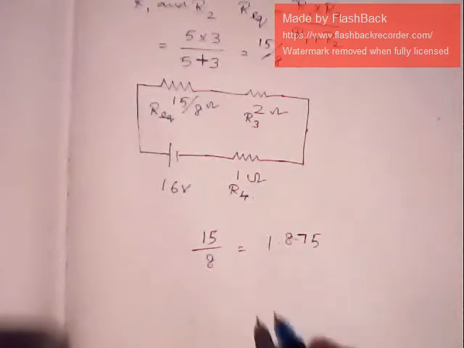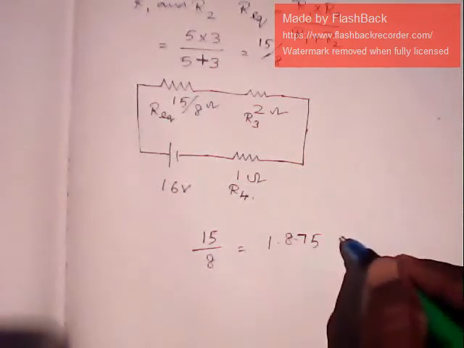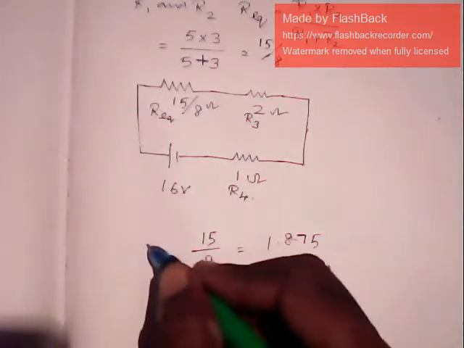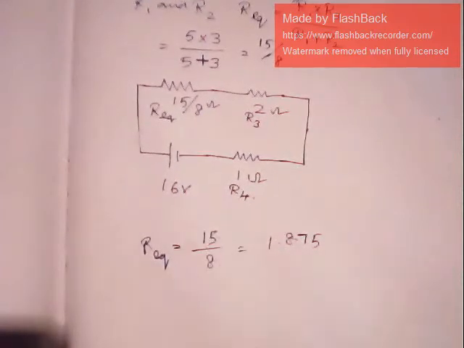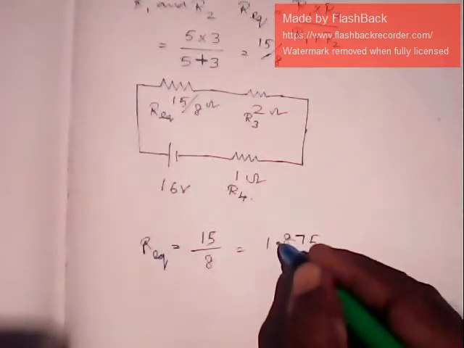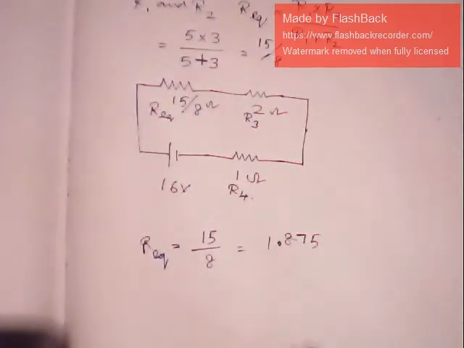So R equivalent is equal to 15 by 8, which is 1.875.